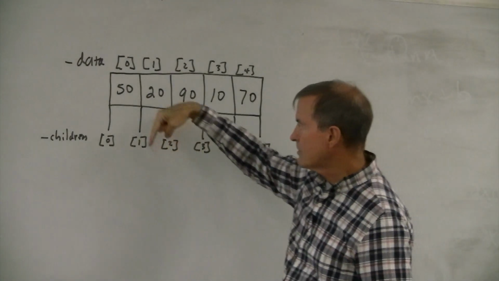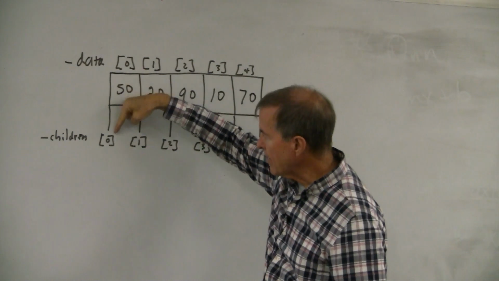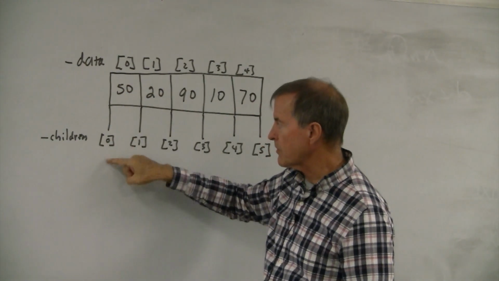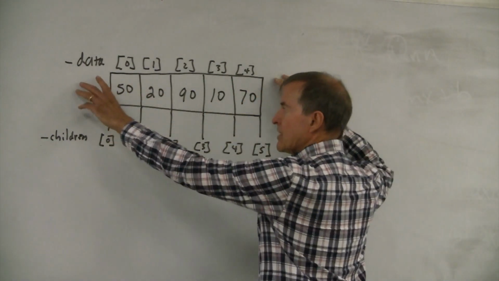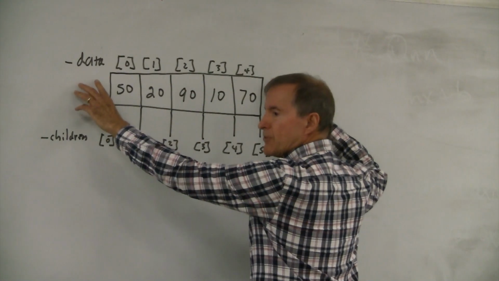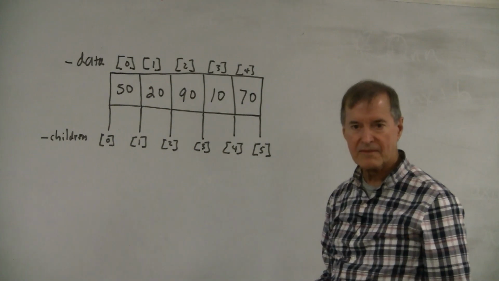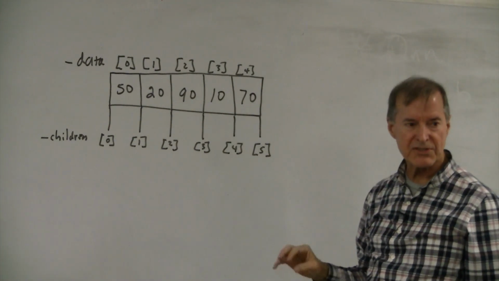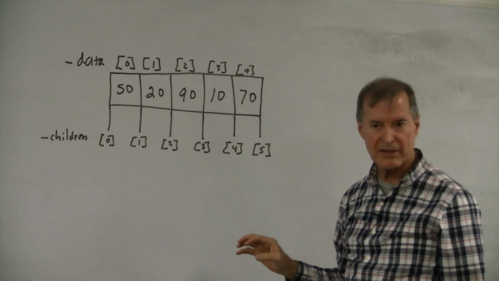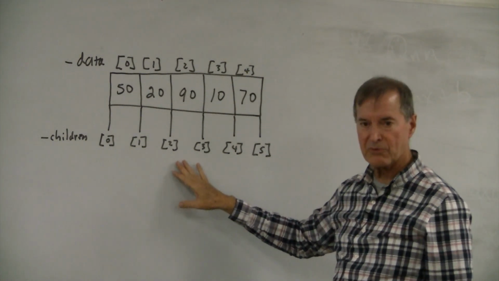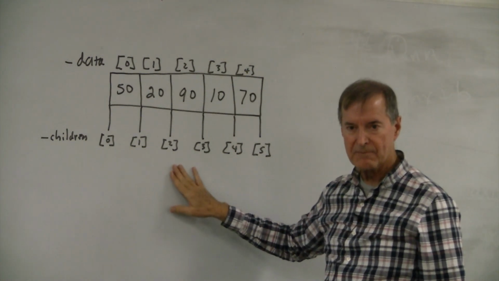Are you with me? This line down here represents underscore children sub 0, and it is a pointer to another node, a pointer to a tree, which is this. So this is the composite pattern. Remember how this worked?